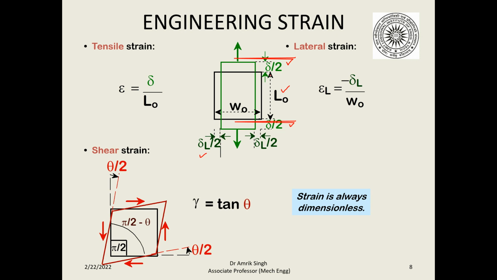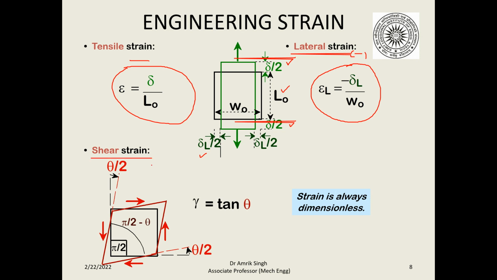In the longitudinal direction, it is increased, so it is tensile strain. Tensile strain is positive, and the lateral strain, which is decreased, will be negative. Wherever there is tensile strain, lateral strain is bound to occur.